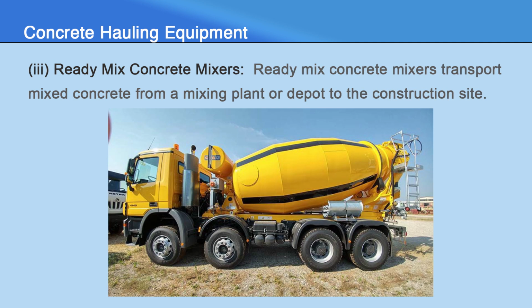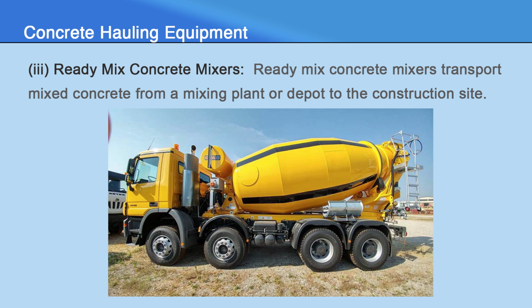Then the third type being transit mixers or ready-mix concrete mixers. Ready-mix concrete mixers transport mixed concrete from a mixing plant or depot to the construction site. Concrete mixers with various capacities ranging from 3 up to 10 cubic meters are mounted on the trucks.